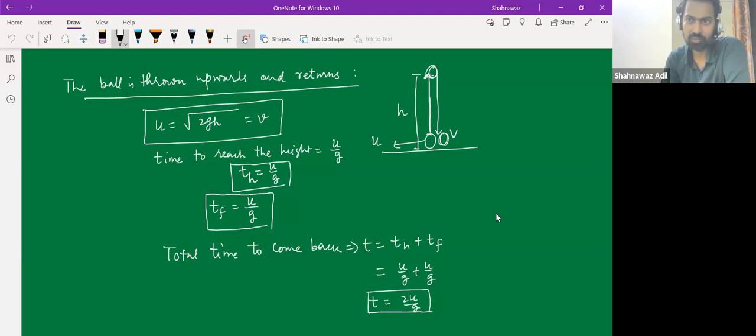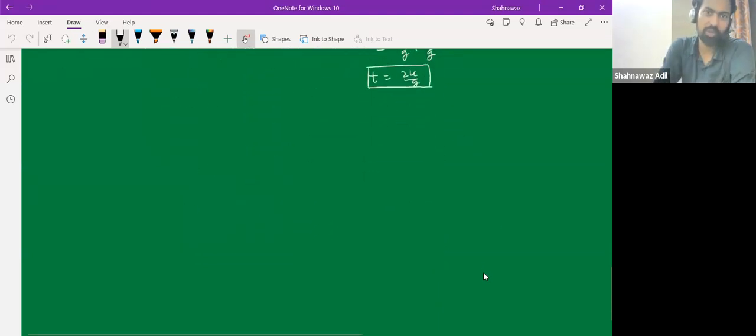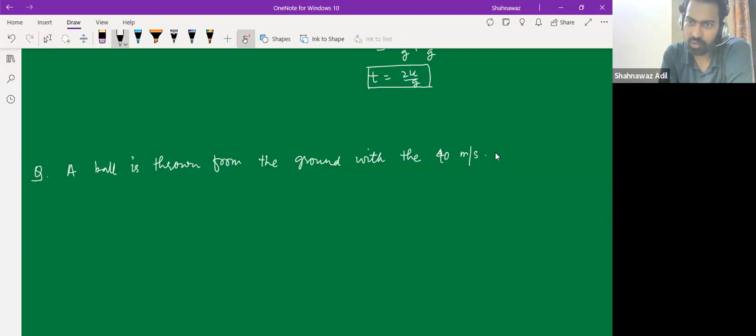So now let us do a question which will incorporate all these things. A ball is thrown from the ground with, let's say, 40 meter per second.